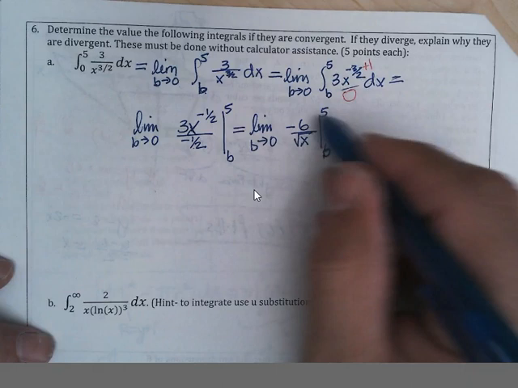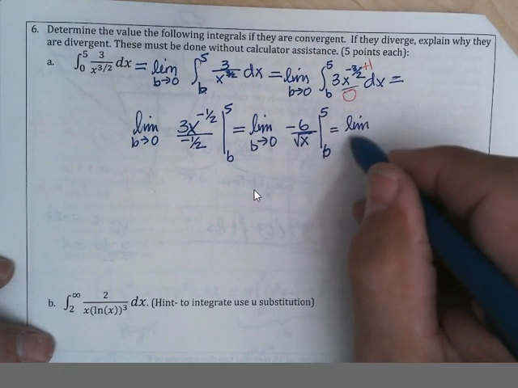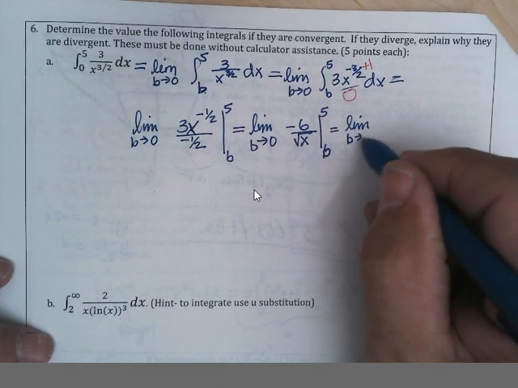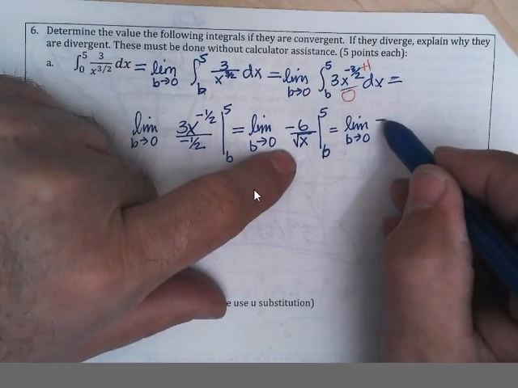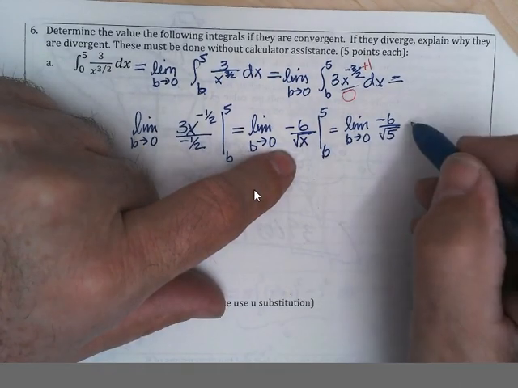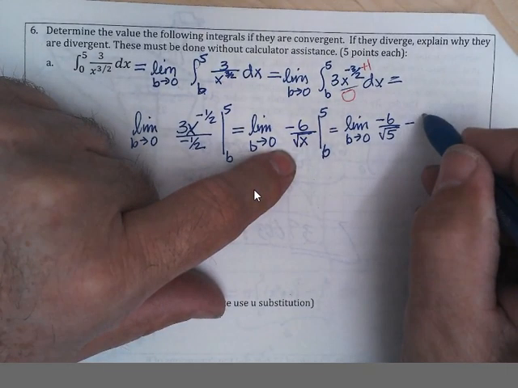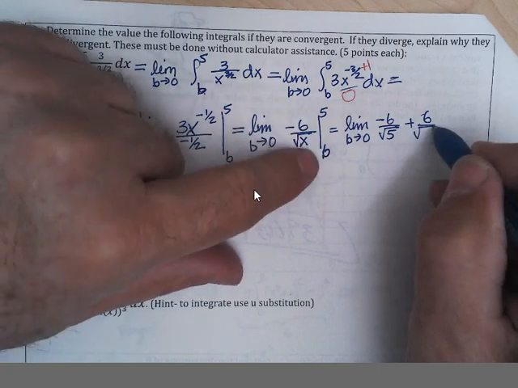So now I'm going to plug this in this evaluation, leaving the limit on there still. And I'm going to put in 5 first, so I get minus 6 over the square root of 5. Minus a minus, so that's plus 6 over the square root of b.